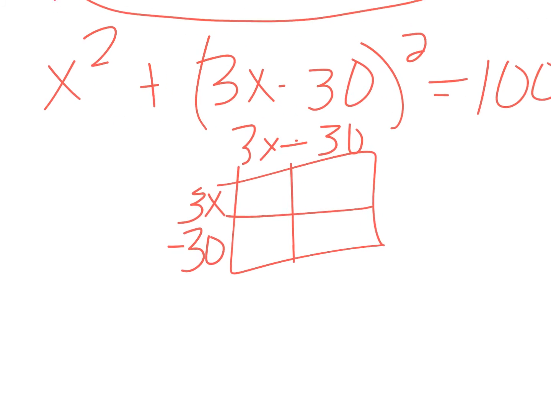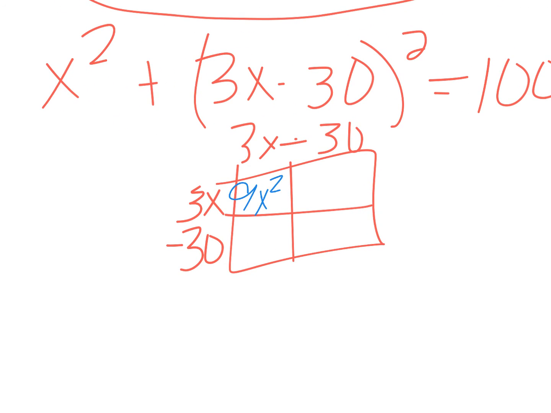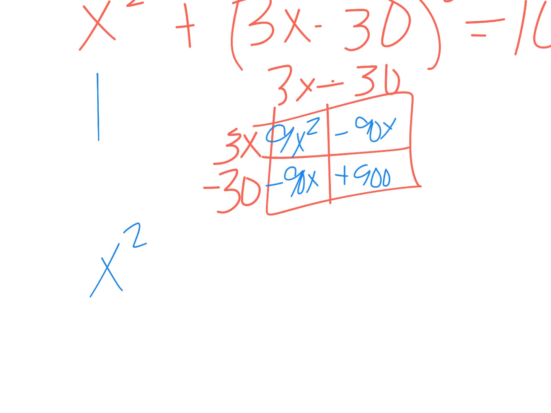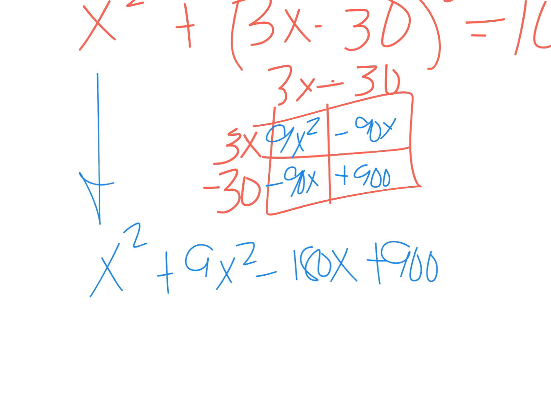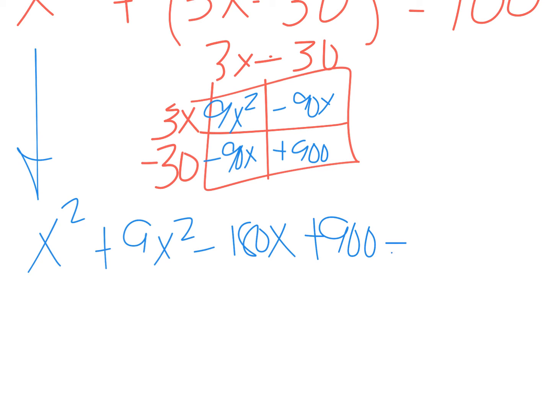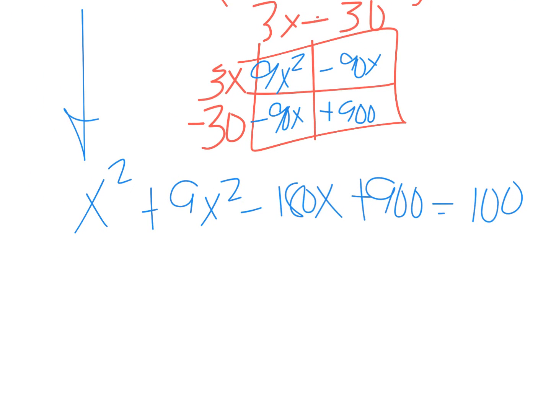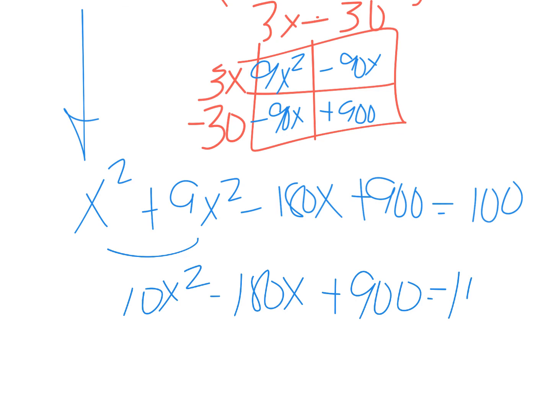I'll get 9x squared minus 90x minus 90x plus 900, and then I have x squared over here, so I'm going to keep that. And then I have 9x squared minus 180x plus 900. Don't forget this is equal to 100. Combining like terms, these guys combine to 10x squared. And then I'm going to make this equal to 0 to solve.